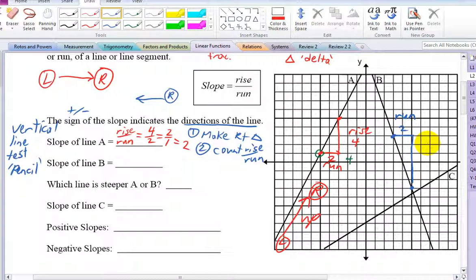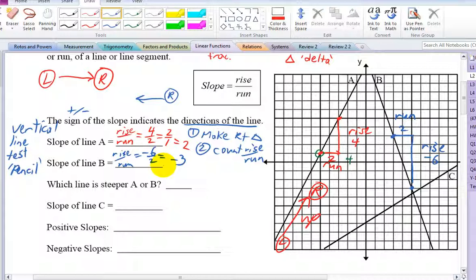Rise means go up. So how many squares do I go up? Emma? Bingo. You rise -6. That's what gives you that negative slope. So rise over run, which is -6/2, simplifies to what? -3.